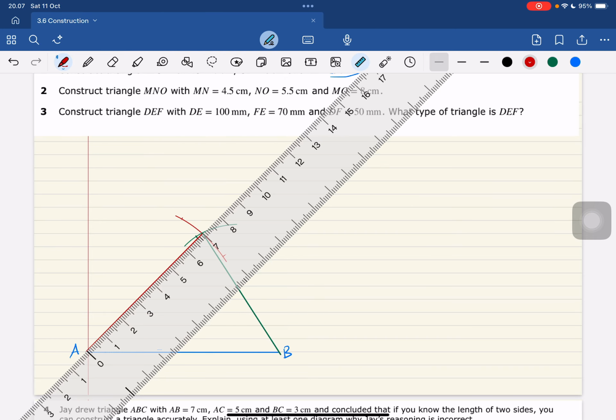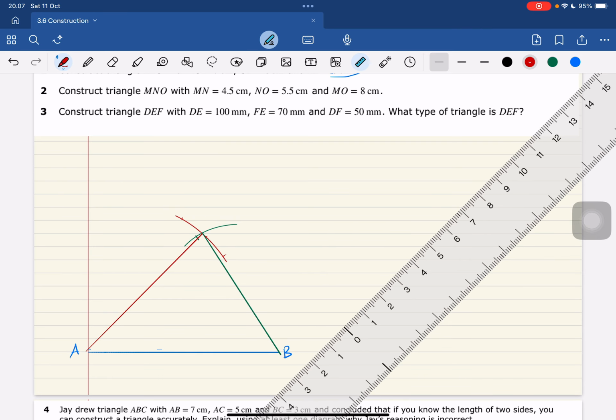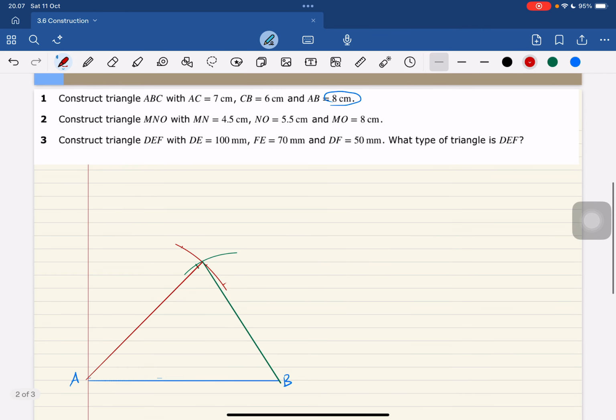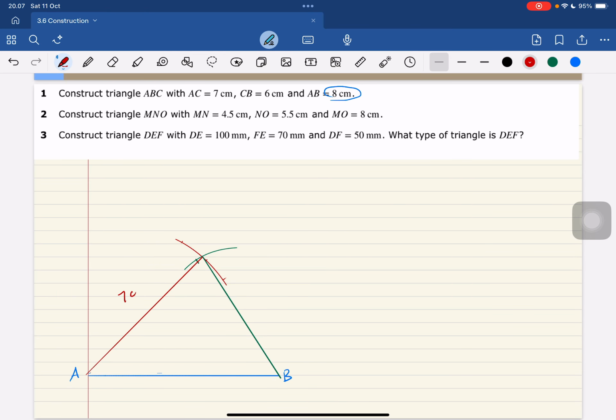Okay, there we go. We got it. So this is 7 centimeter, A to C. And then BC or CB is 6 centimeter. And AB equal to 8 centimeter.